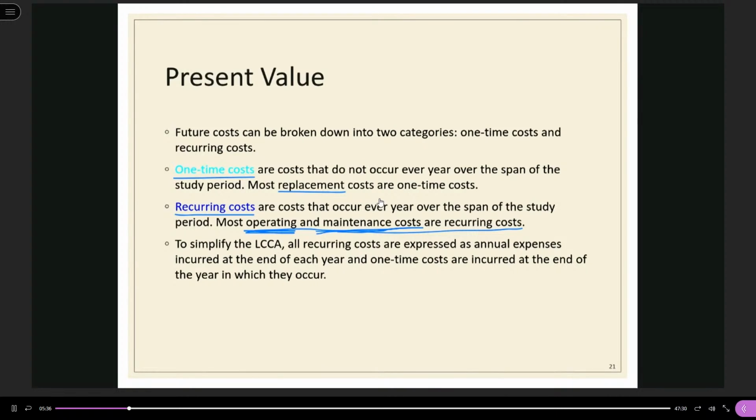This is just to simplify our calculations. The one-time costs are also incurred at the end of the year in which they occur. So you need to pay for a certain amount of replacement of a system component, maybe in the middle of the year, but for life cycle cost analysis, we assume it all happened at the end of that year. This is just to simplify the calculation.